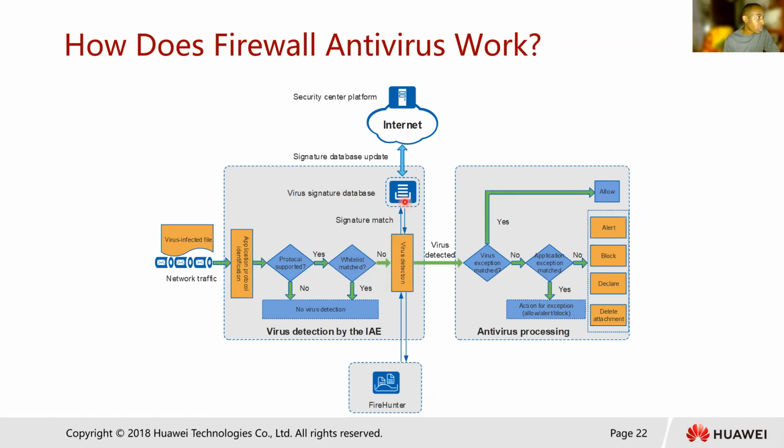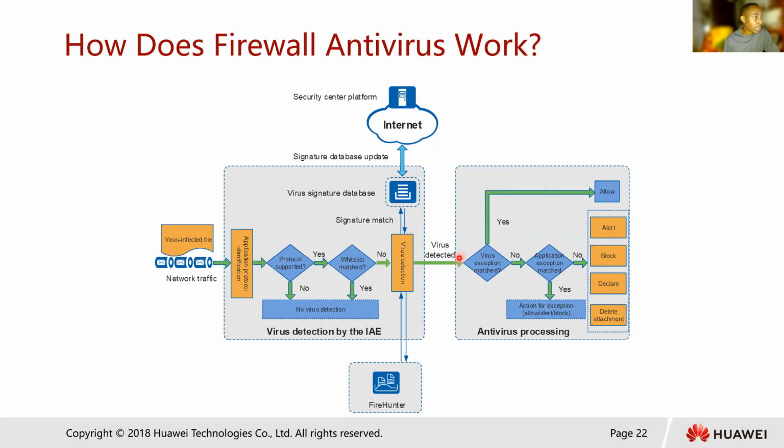You can also go through a file hunter, something from the internet. Virus detection can happen in real time through the internet because the database can be updated if it is a bit old.